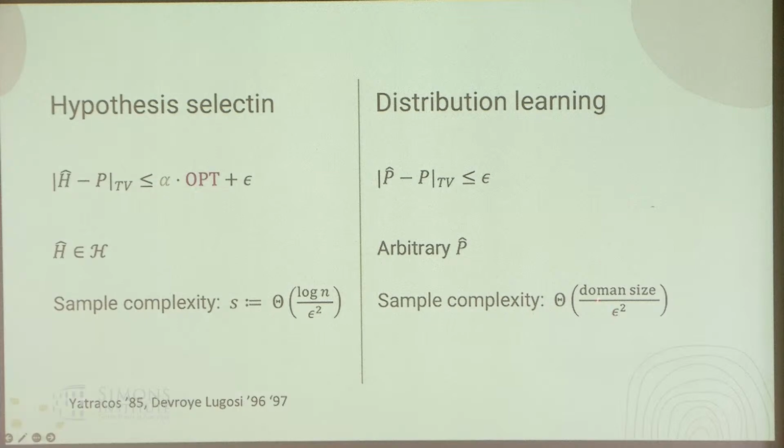So you can't really learn distributions within epsilon total variation distance if you have a very large or infinite domain. Here, the hypothesis selection problem, somewhat surprisingly, has a sample complexity that is independent of the domain size, and it depends only logarithmically on the size of the hypothesis class. This is a result that has been known for many years.